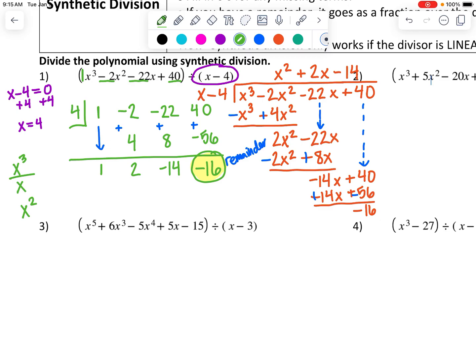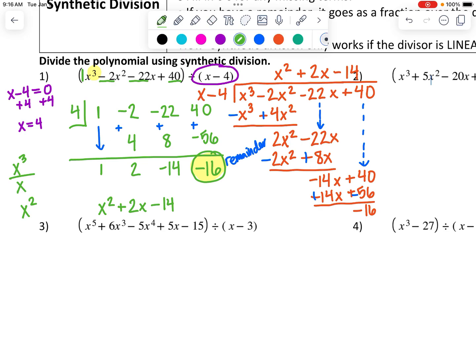The thing I remember here is it's always going to be 1 less than your original exponent. So I'm going to start with this becomes 1x squared, this becomes plus 2x, and this we just bring down as a minus 14. Okay, standard form, working our way down, largest exponent from there.